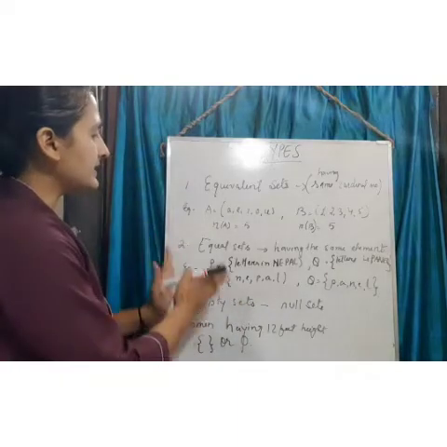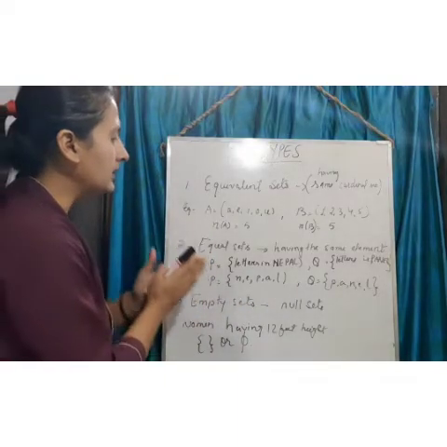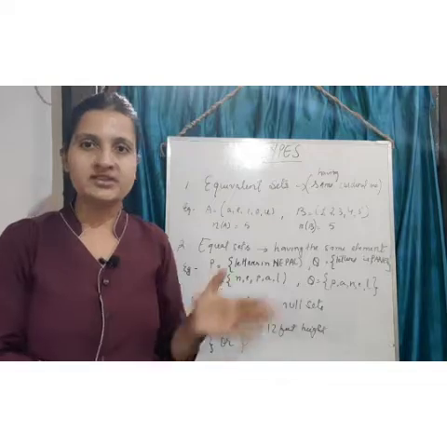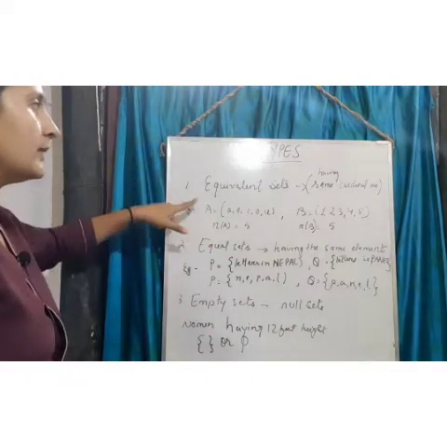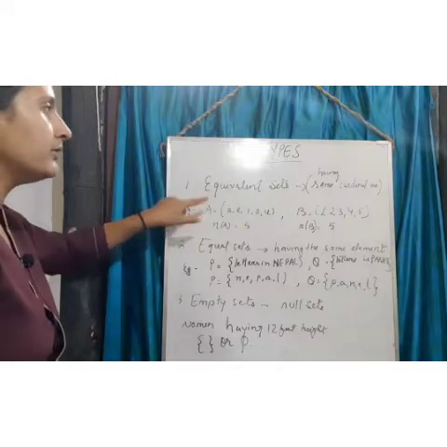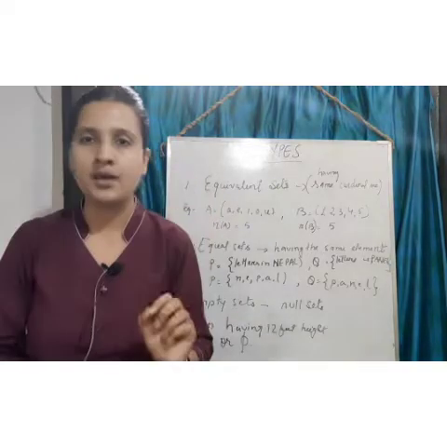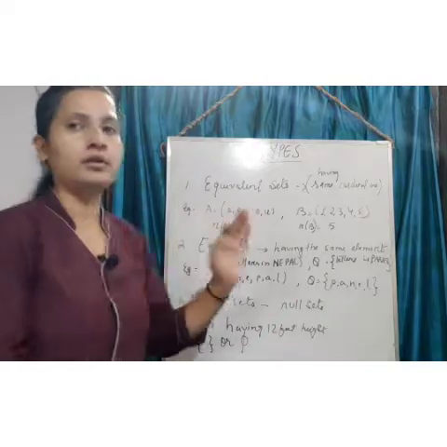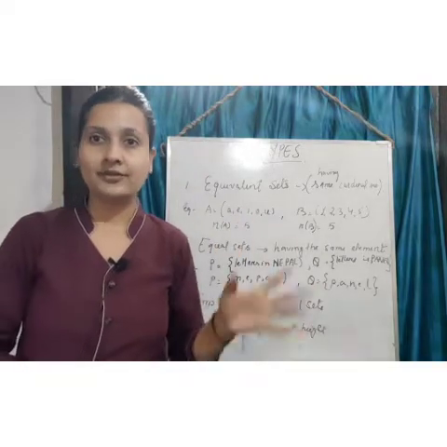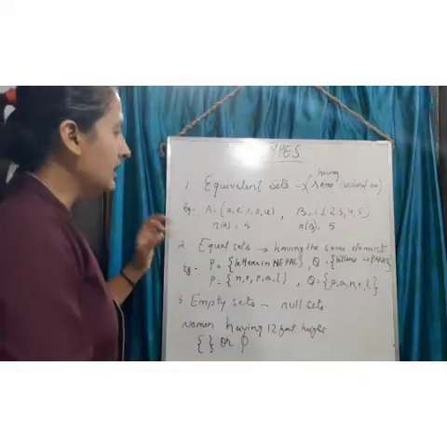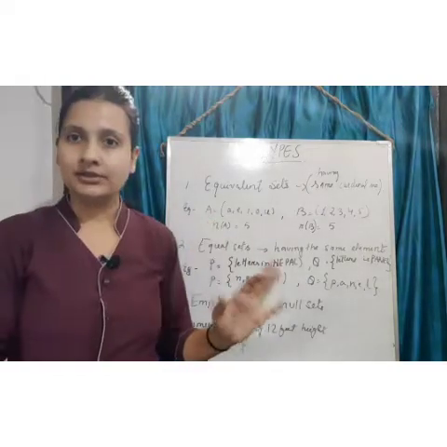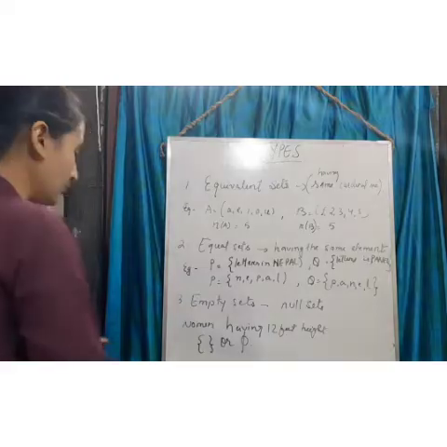So this is called equal sets. I hope this is clear, and you should not get confused between equivalent sets and equal sets. Equivalent sets mean having the same cardinal number, 5, 6, 7, and equal sets mean having the same letters, the same elements. Clear? Okay, now move to the next.